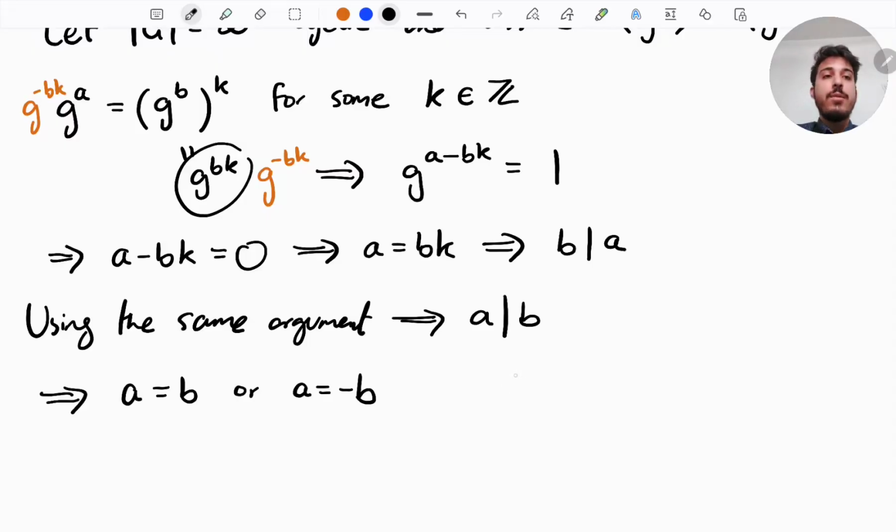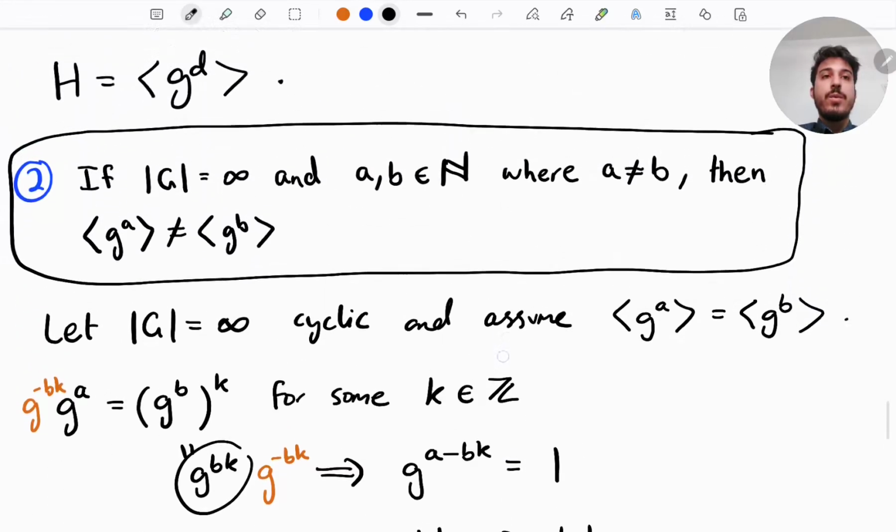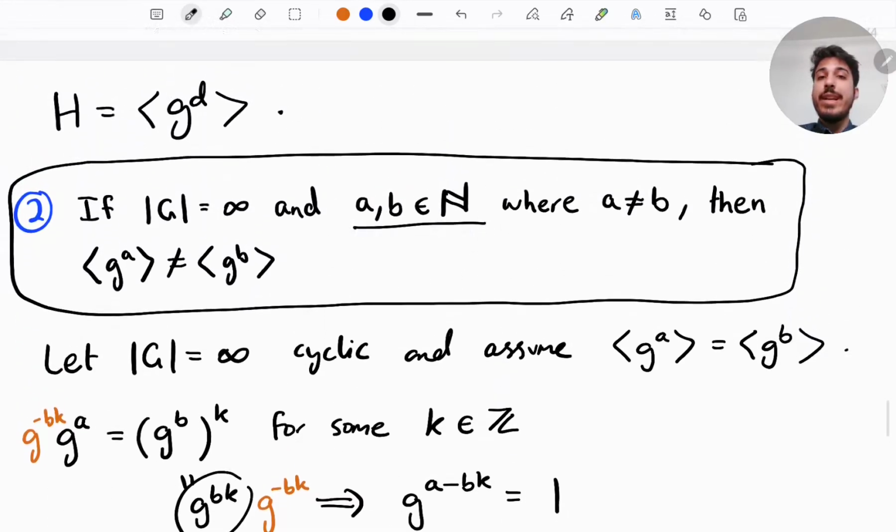So imagine we have 5 divides 5, but also minus 5 divides 5, because minus 5 times minus 1 is equal to 5. So minus 5 divides 5, and 5 divides minus 5. Okay? So we have these two possibilities, except that the negative possibility is not possible because we've assumed A and B to be natural numbers.